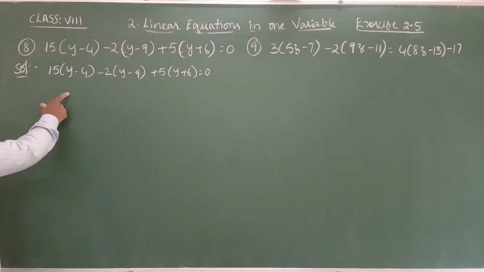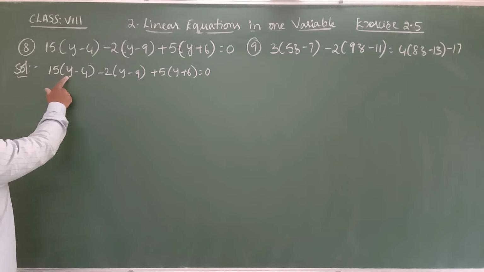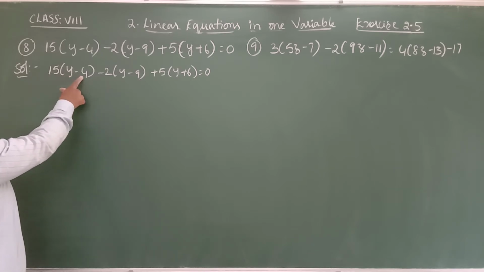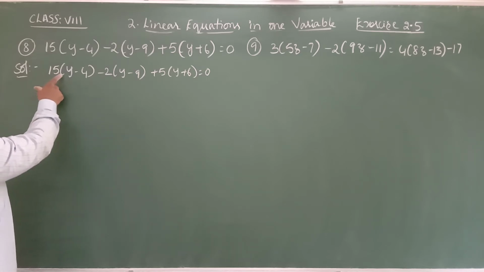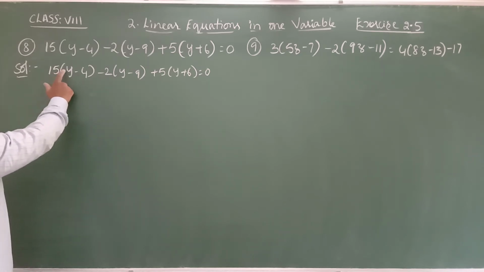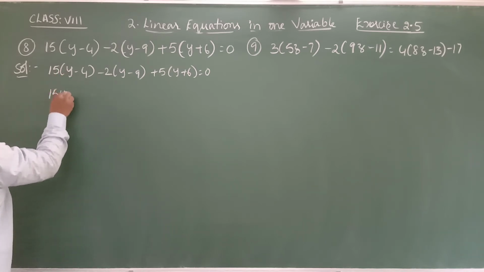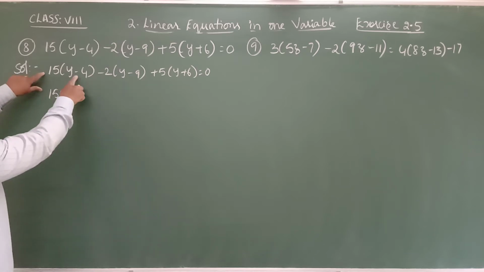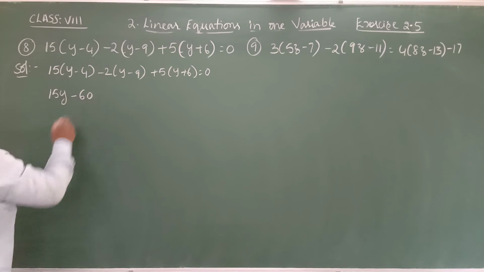Now you simplify using the algebraic expressions concept. So 15 is multiplied by y, and 15 is multiplied by minus 4. What is the sign for 15? It is plus, plus into plus is plus. What is the coefficient for y? It is 1. 15 into 1 is 15, into y it is 15y. Now plus into minus is minus, 15 into 4, 15 fours are 60.